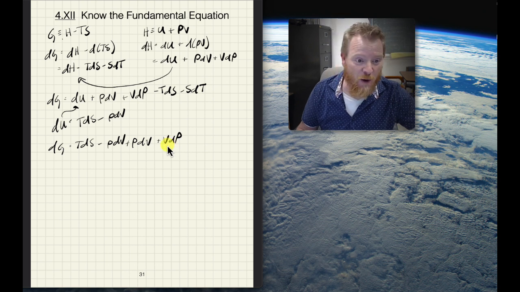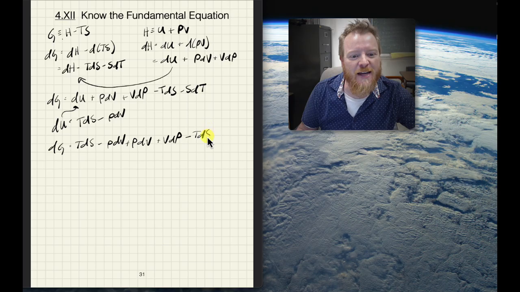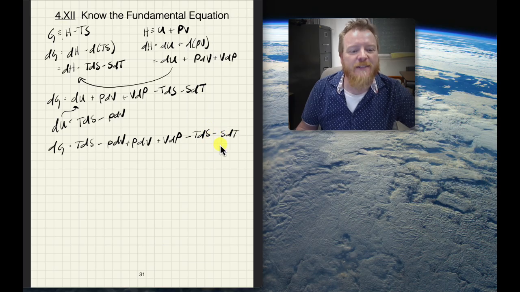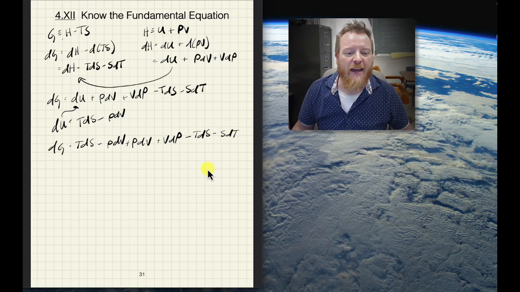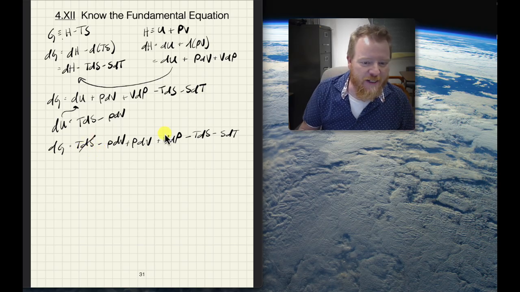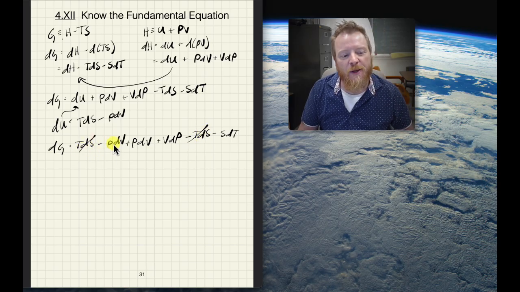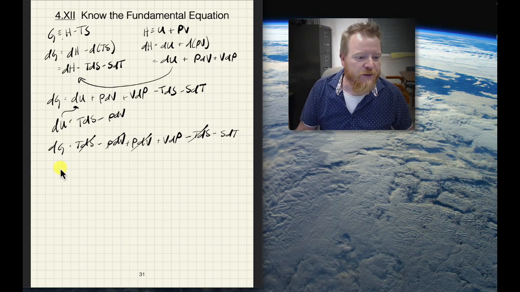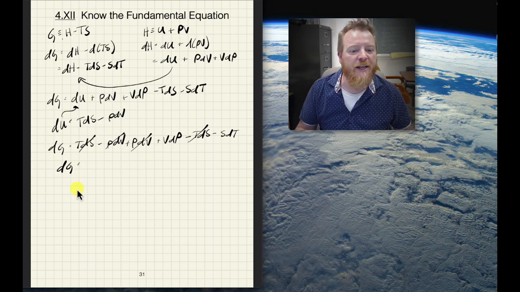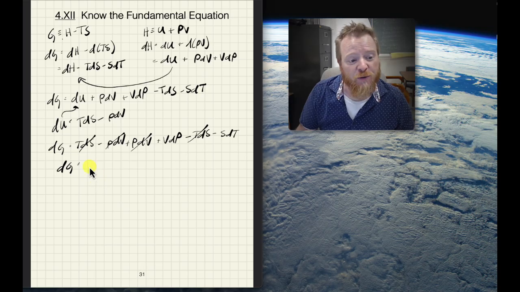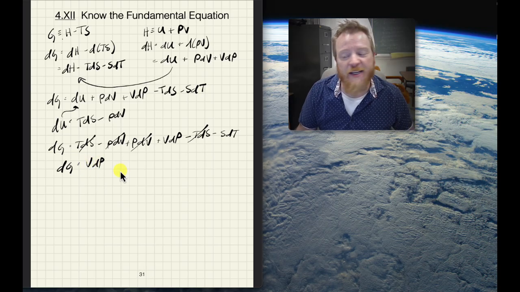So you can see where this is going. And now we have a minus T dS minus S dT. Now we can start canceling like things. T dS and minus T dS cancel, minus P dV and positive P dV cancel. So now we're left with dG with respect to its natural variables: V dP minus S dT.